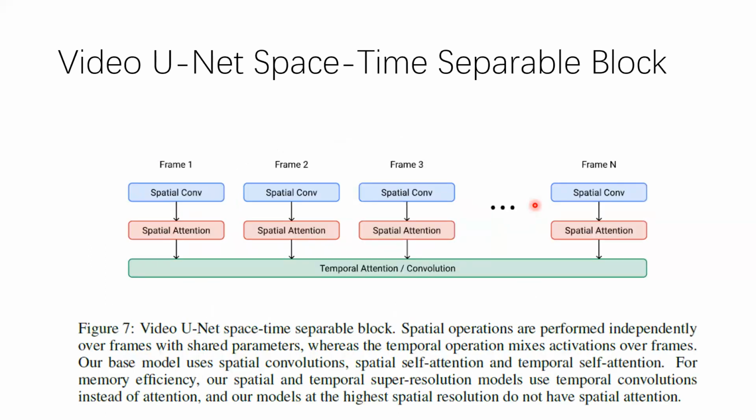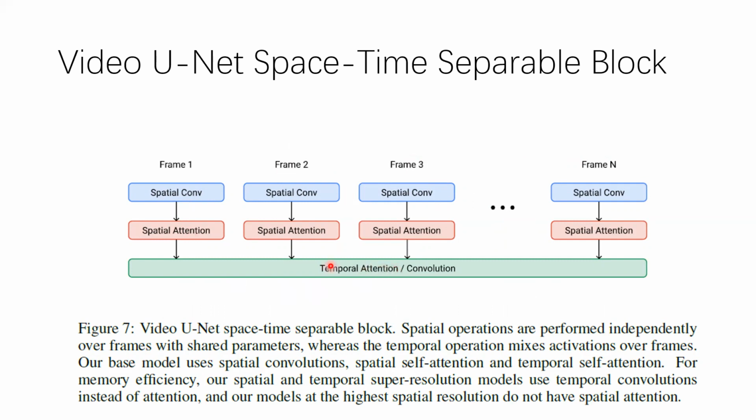And here is, I think, the most important part, the space-time separable block. For each frame, they have this spatial convolution and spatial attention, which operate on a single frame.